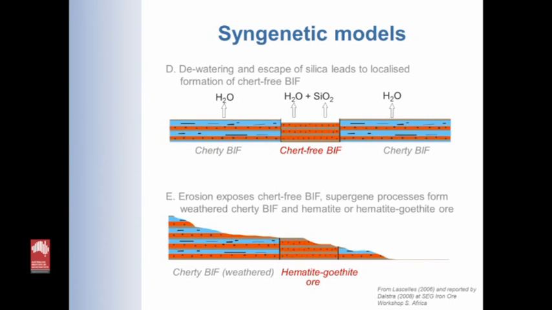If we were to erode and uplift it, we would create something like this, and then we superimpose our goethite blanket on top. That way we have our superficial goethite-hematite ore, and then our deeper roots of hematite-goethite. So this is genetic model type 1.